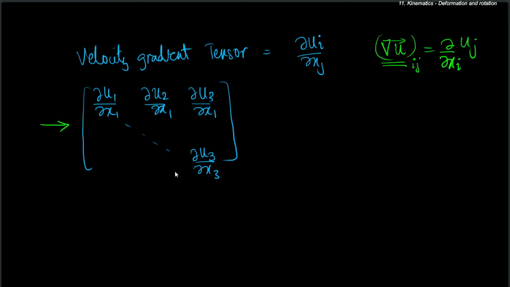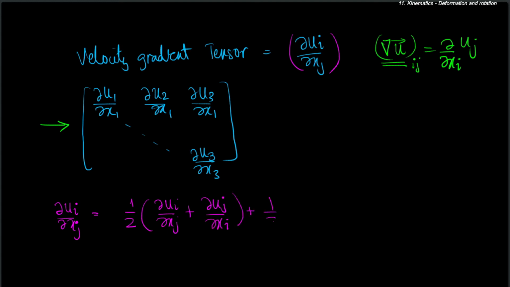Let us write this tensor in a symmetric and antisymmetric representation. So del ui del xj can be written as half del ui del xj plus del uj del xi plus half del ui del xj minus del uj del xi.